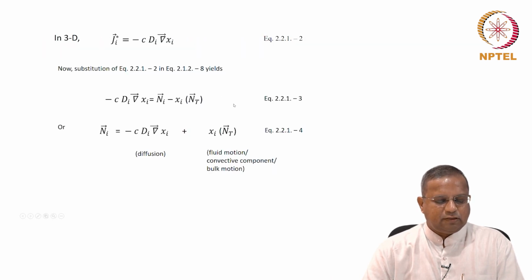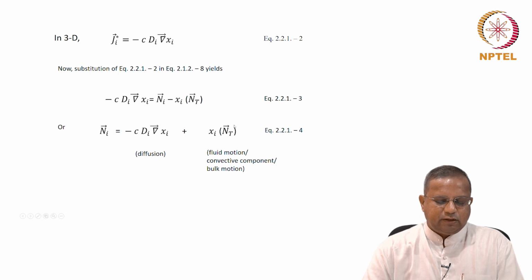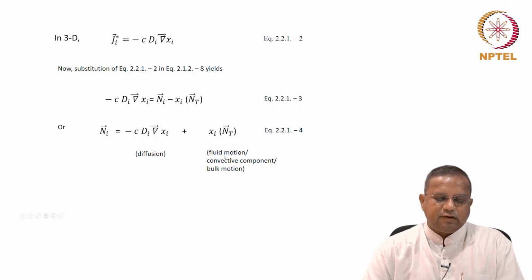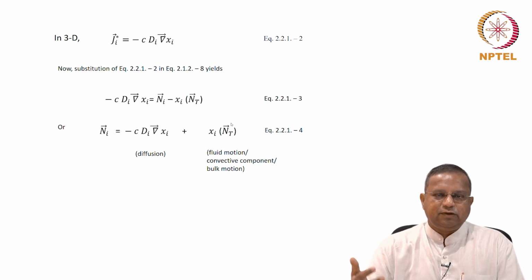Then, the total flux is a diffusive flux plus the flux due to fluid motion, the convective component, bulk motion. There could be many other things, as we will see later. Here in this chapter, we are not going to consider this at all. The aspects have been carefully chosen such that this does not come into the picture for understanding the subject better.